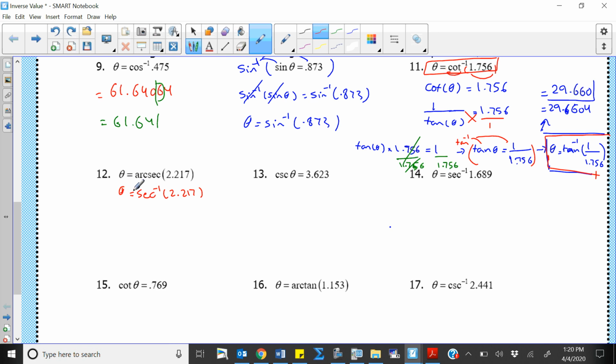How do I change it? Just simply go to the same rule that I did here. I don't need to do all this stuff. I'm just going to write in this form, theta is equal to, what is the reciprocal of secant? It's cosine. So I'm going to write cosine negative 1. And what is the reciprocal of this value, the argument? It's 1 over 2.217, and that's it. Then I'm going to use my calculator.